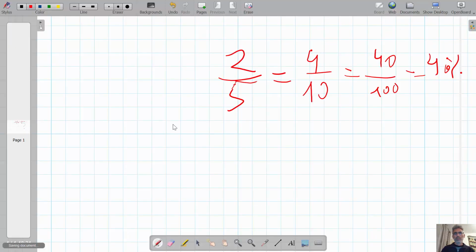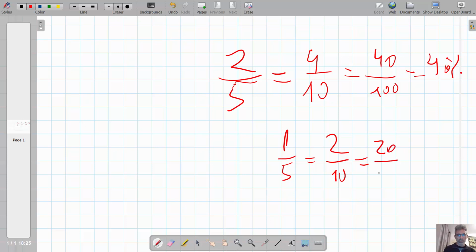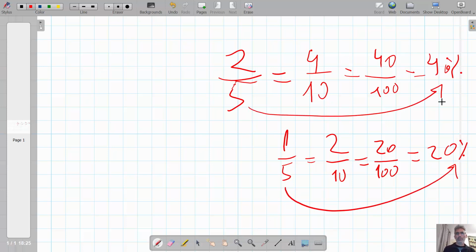And it's useful to remember that 1/5 is equal to 2/10, which is 20 hundredths, which is 20%. 1/5 is 20%, 2/5 is 40%.